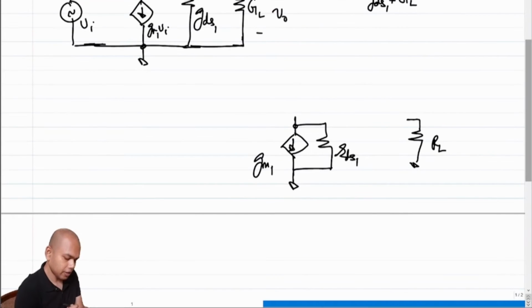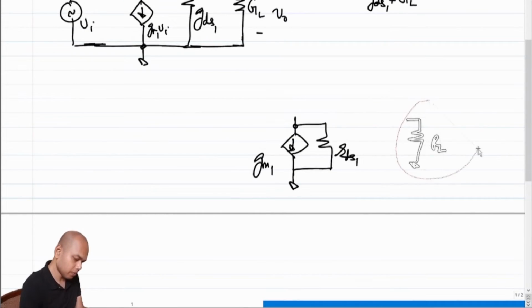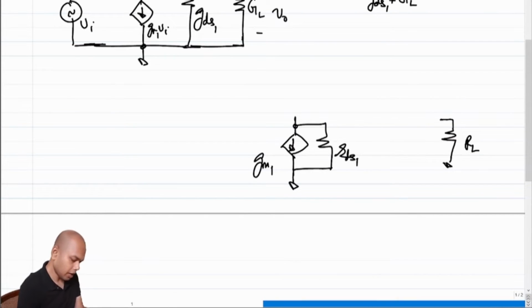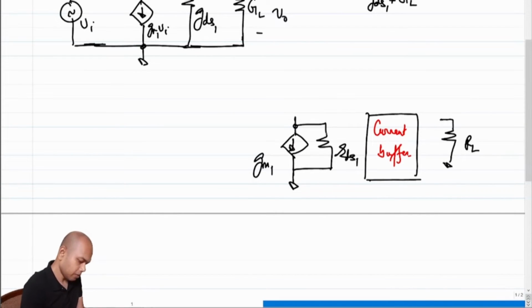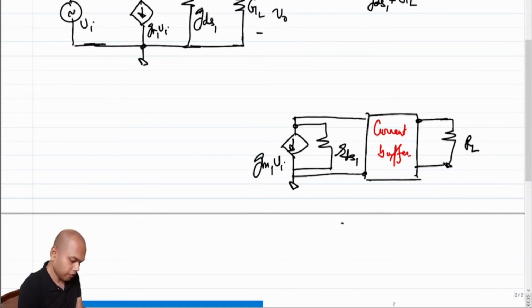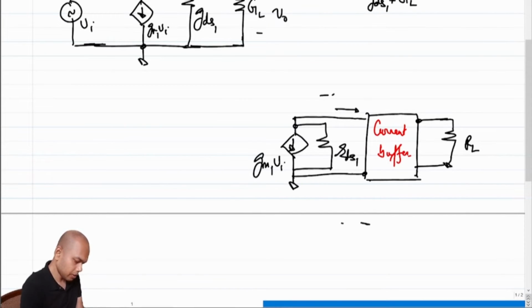So what do we need to do? We needed to put a current buffer in between, so that once we connect these, the amount of current that flows in should be minus Gm times Vi.